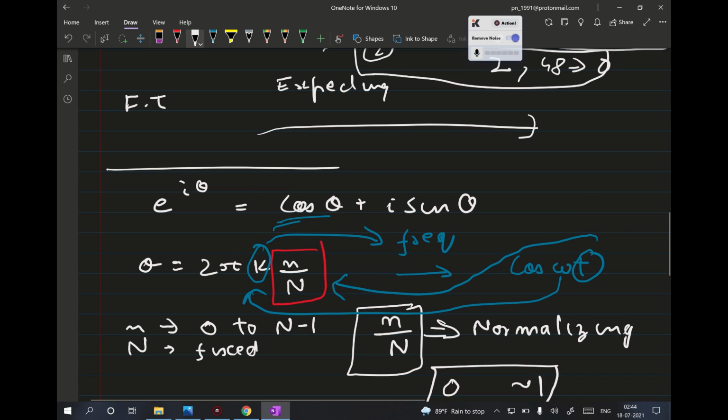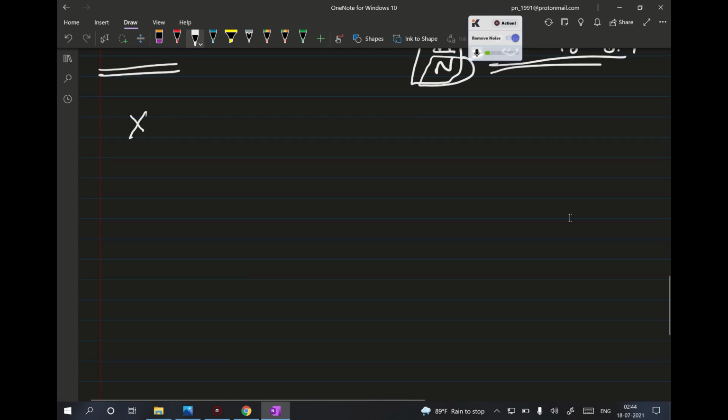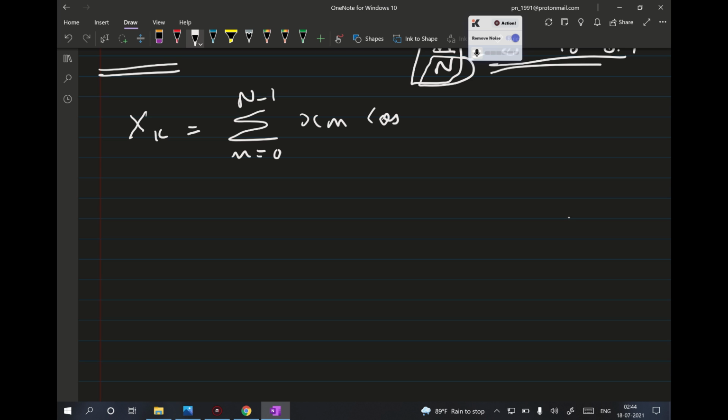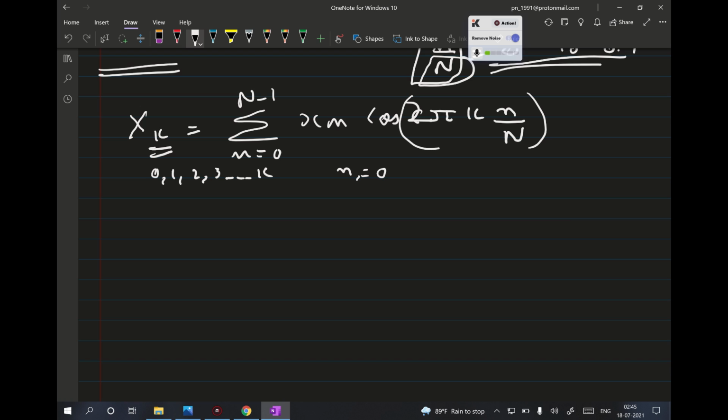Just to simplify, let's not take the imaginary part for now, and my formula becomes X_k is the sum over n from 0 to N minus 1 of x_n cos of 2 pi k n by N, and I'm omitting the imaginary part. k iterates from 0, 1, 2, 3 till K. n iterates from 0, 1, 2, 3 till N. Right.